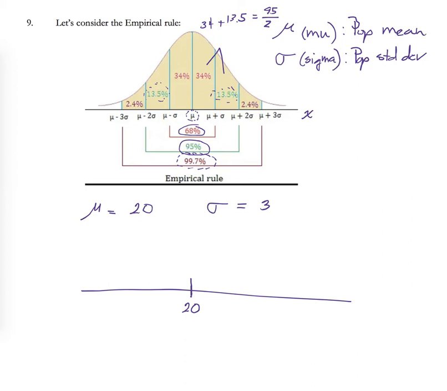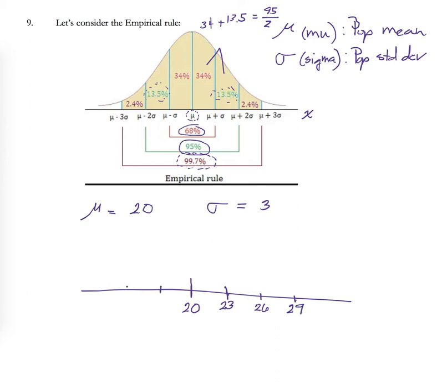And then normally when graphing bell-shaped distributions in keeping with this empirical rule, we count out 1, 2, 3 standard deviations to either side. And remember that my standard deviation is the value 3. So 1 standard deviation away will be at 23. 2 standard deviations away is at 26. 3 standard deviations away is 29.